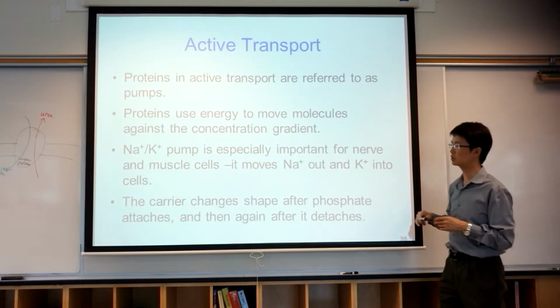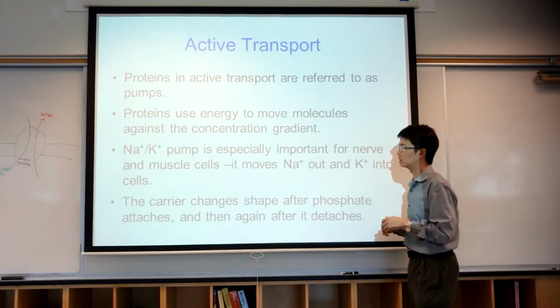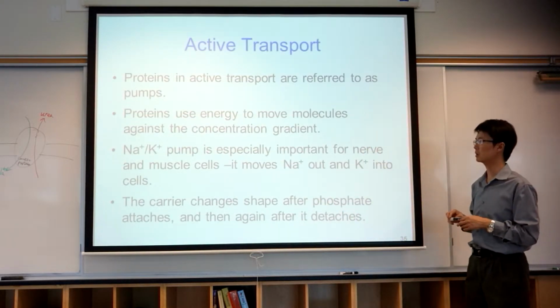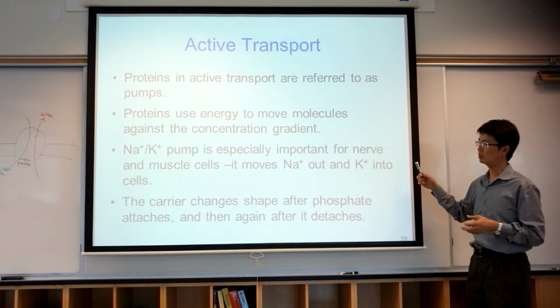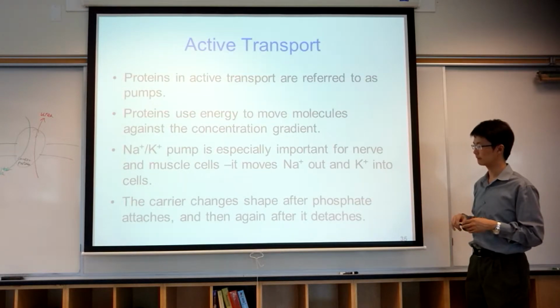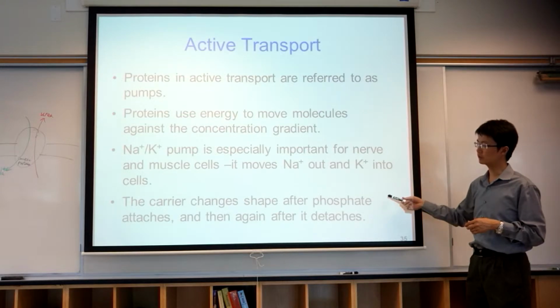One example is the sodium-potassium pump. The sodium-potassium pump is especially important when we talk about the nervous system, and we will learn a lot more about it. So the phosphate attaches here, which means the ATP.